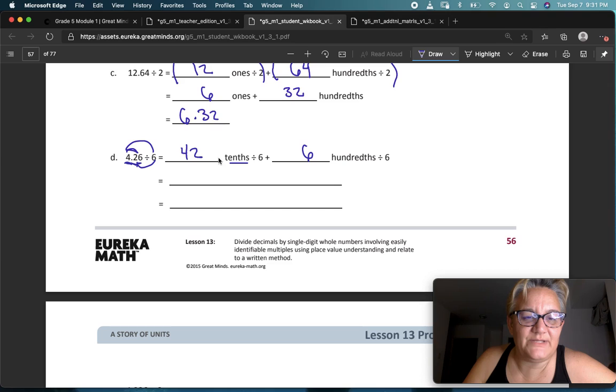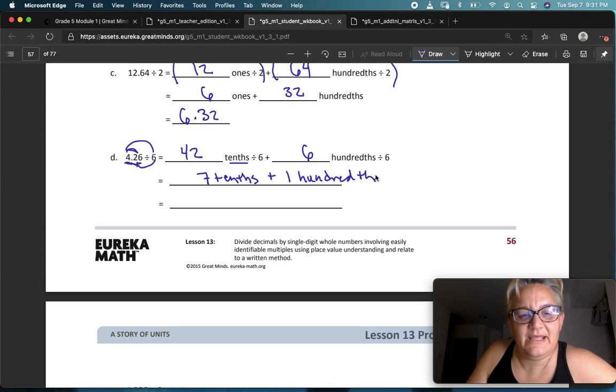So 42 tenths divided by 6 equals 7 tenths, plus 6 hundredths divided by 6 would be 1 hundredth. And if I want to write that in standard form, I get the answer of 7 and 1 hundredth. Cool, that works out.